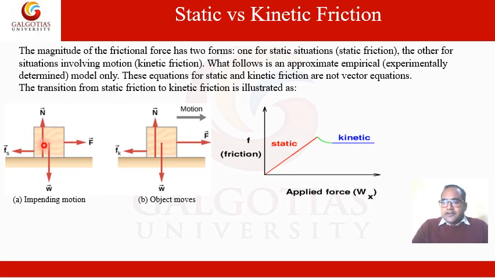The force due to the weight of this block is applicable in the downward direction, and the normal reacting force is applicable in this direction. If the force is applied on this surface in this direction and the frictional force is applicable in this direction, this is the static friction. And when the object is in motion, this type of frictional force is the kinetic friction.